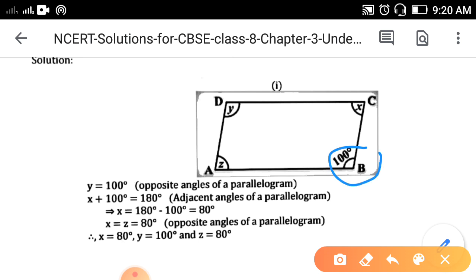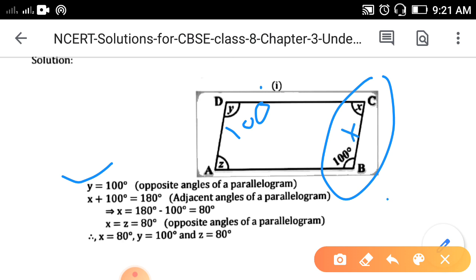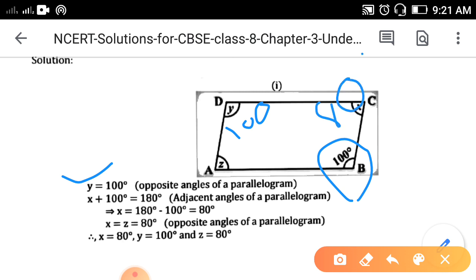B is equal to 100, then y is also equal to 100. Why? Because opposite angles of a parallelogram are equal. So y is equal to 100. Next, x plus 100 is equal to 180 degrees, because the sum of adjacent angles is 180 degrees. So the value of x will be 180 minus 100, so it will be 80 degrees.